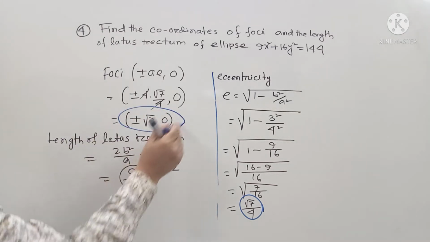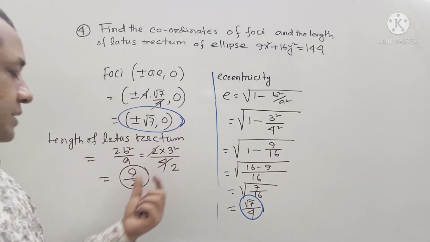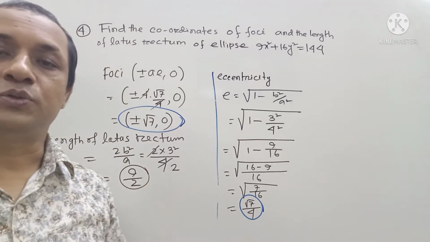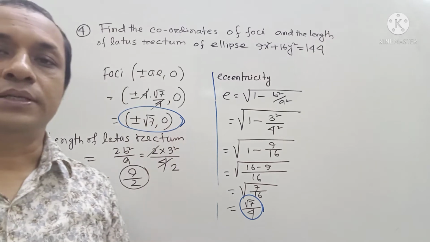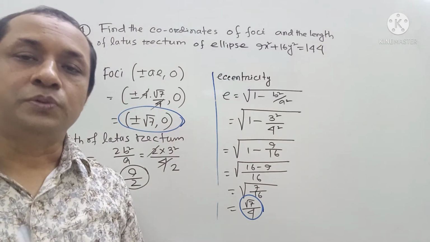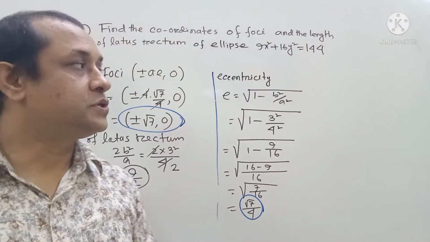So students, the required length of the latus rectum is 9 by 2 units and the coordinates of the foci are plus minus root 7, 0.